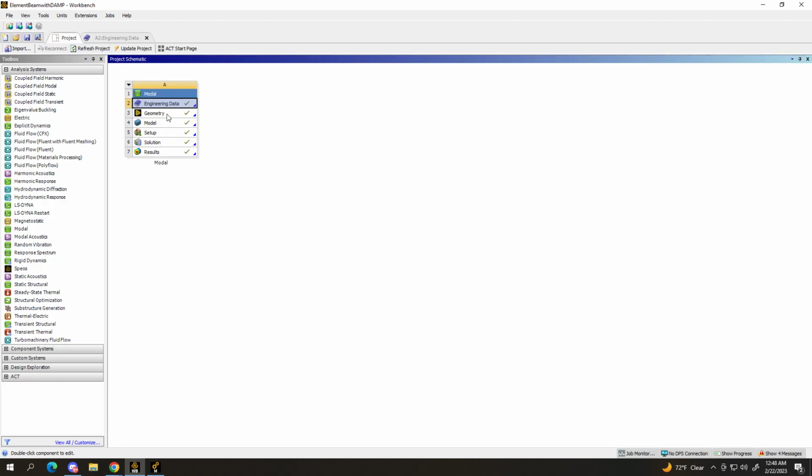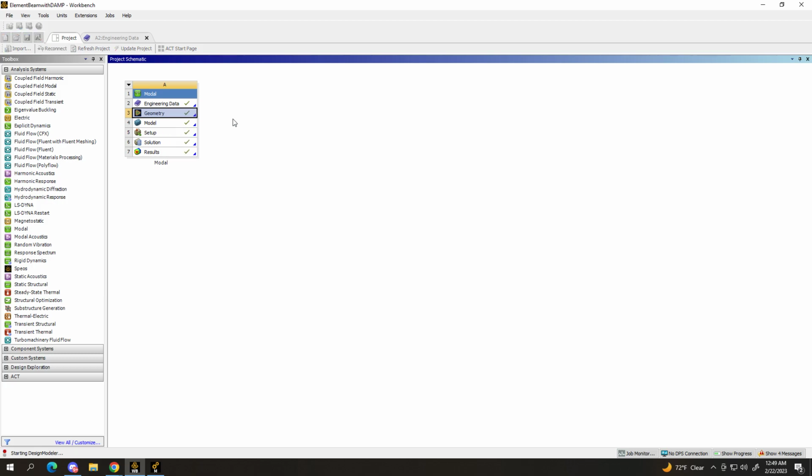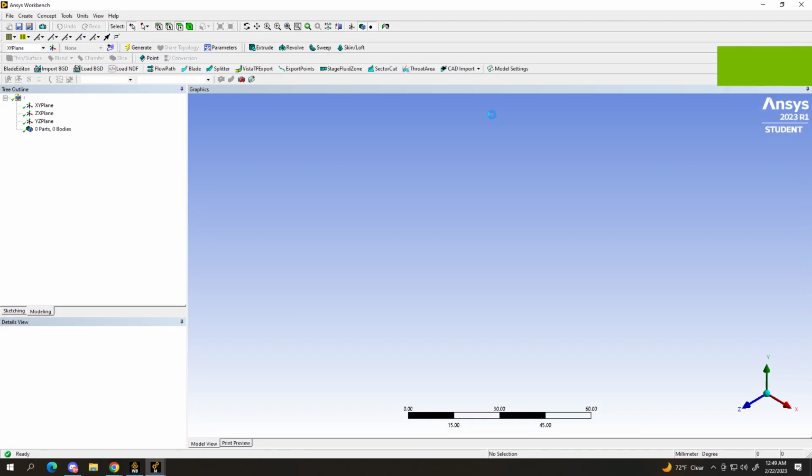I then went into my geometry and made a cross-sectional beam of 10 by 20 centimeters that was 1 meter long, which I will show you what that looks like.